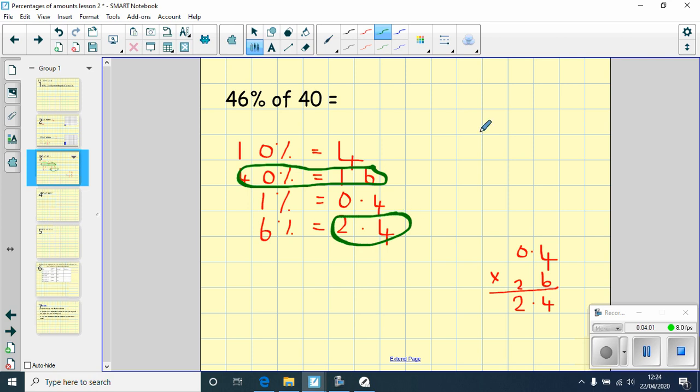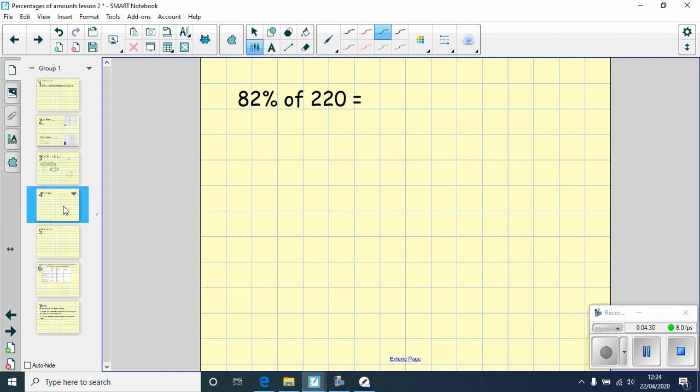So I really want 16 add 2.4, which I know 16 add 2 is 18, so it's going to be 18.4. So even though I've got quite a few different calculations there, I'm just picking out the ones I need, which is the 40% and the 6% there. 46% of 40 is 18.4.